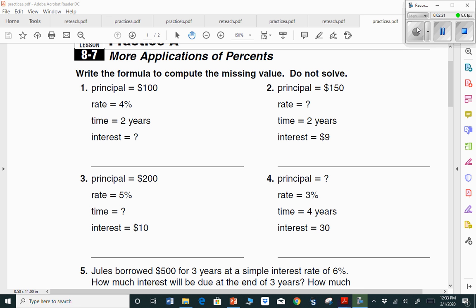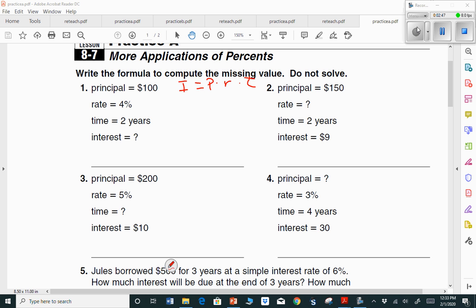Okay, so for these next few problems, they just want you to write down what the formula will be for solving the problem. You don't actually have to solve it, but all of these start with interest equals principal times rate times time.